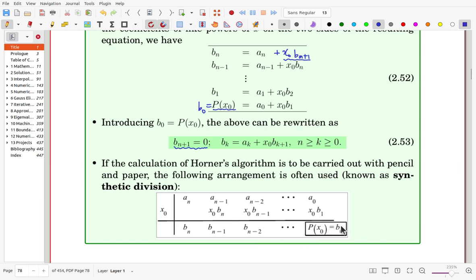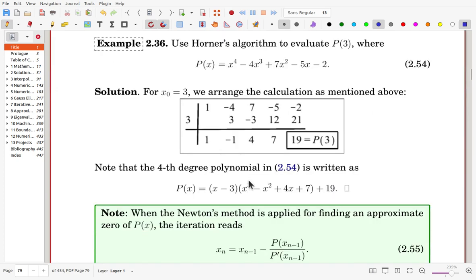So the last one must be b0, which is the same as p of x0. Let's see this example. We'll use Horner's algorithm to evaluate p of 3, where p of x is given by this fourth order polynomial.